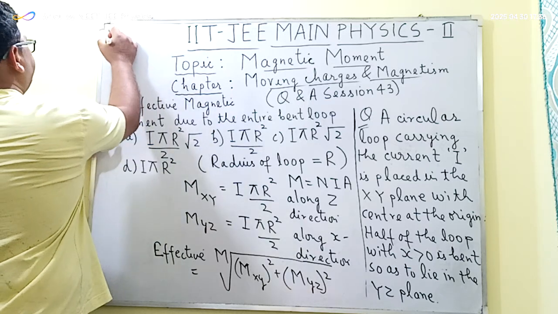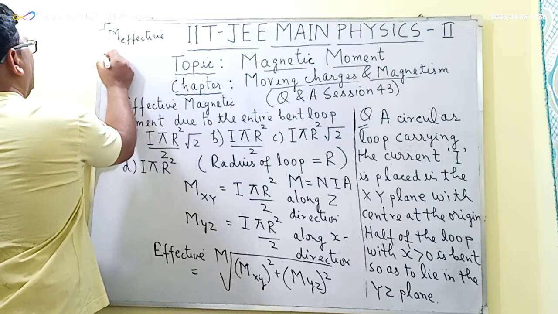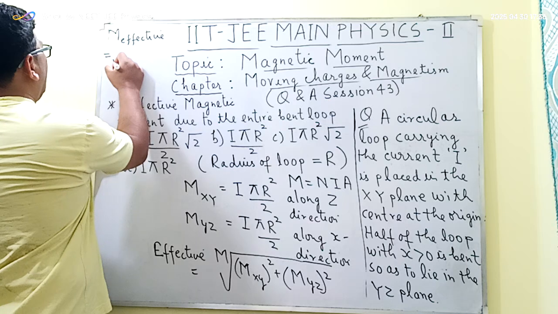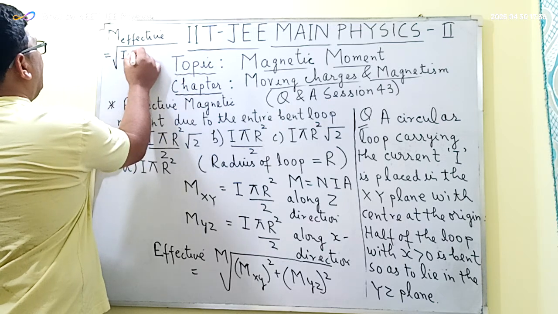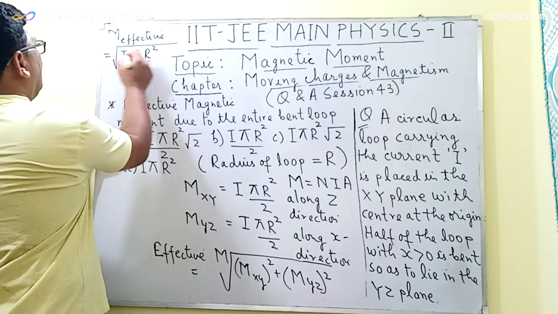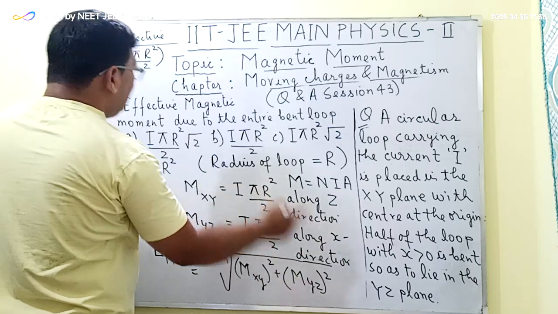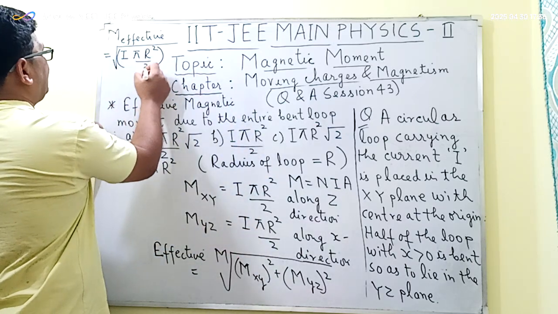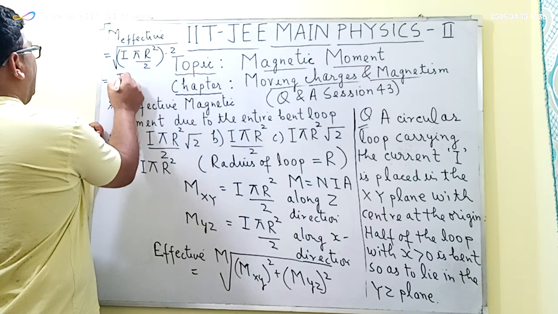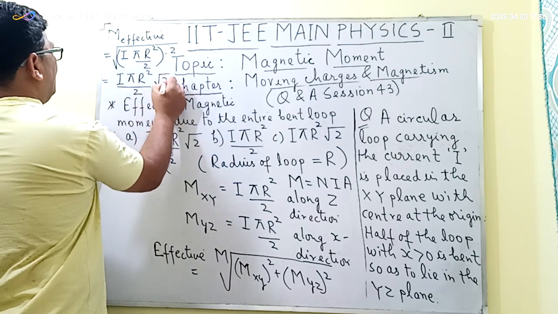So here the effective magnetic moment will be equal to the square root of (I pi r square divided by 2) whole square plus (I pi r square divided by 2) whole square. So this will be equal to I pi r square divided by 2 into root 2.